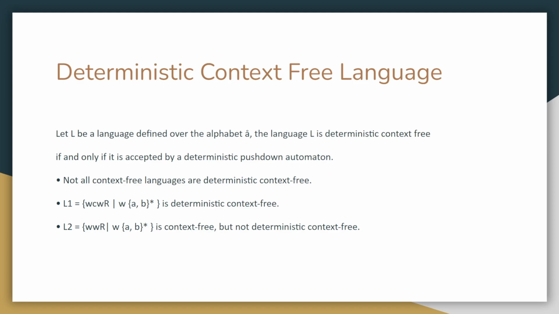Star would represent that there could be any number of letters possible. If we consider a and b, there can be any number of a's, and at the same time any number of b's, and both sequences together, any number of a's plus any number of b's.